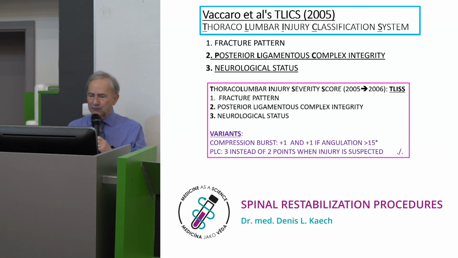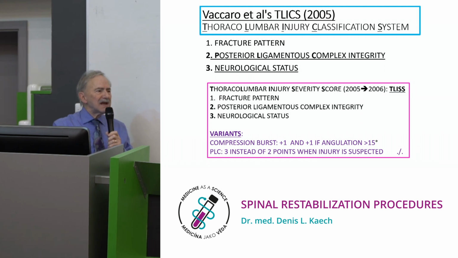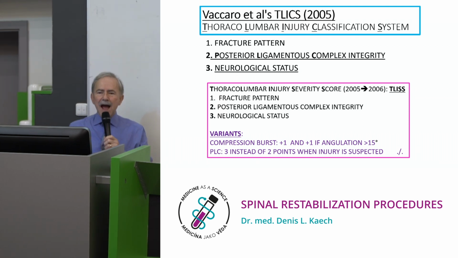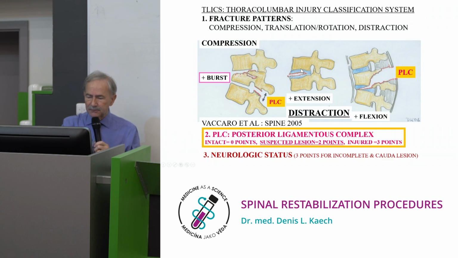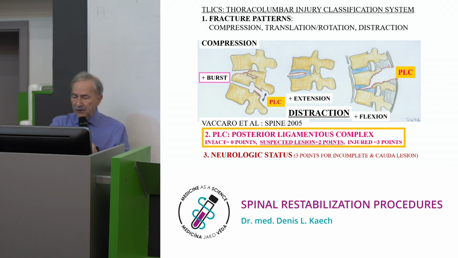Thank you very much for the help. The next classification adds the analysis of posterior ligament complex integrity and the neurological status. That is important. It's a point system. The more damage, the more points. The more you have a disruption, the more points.